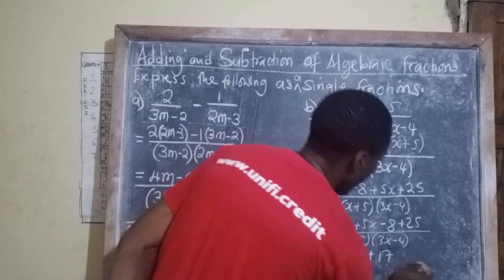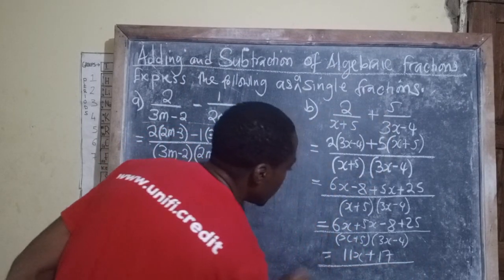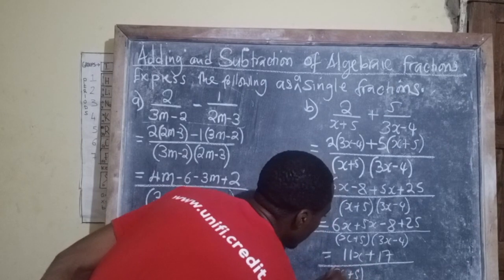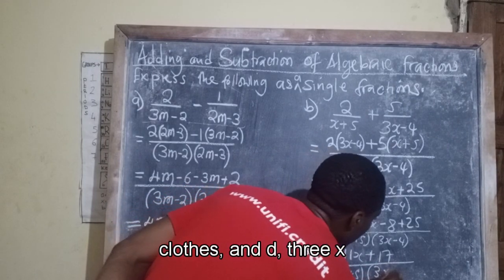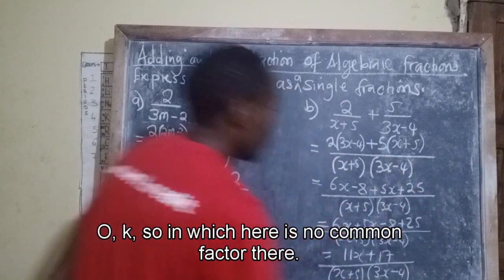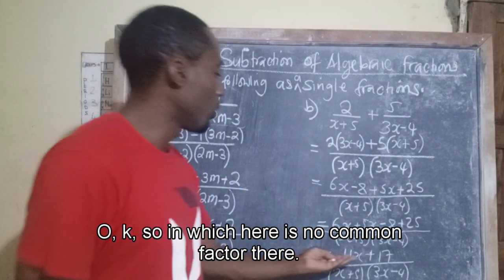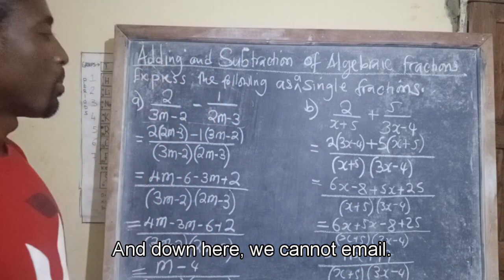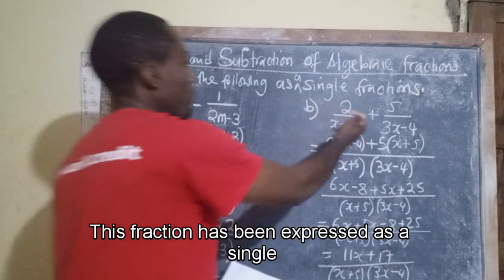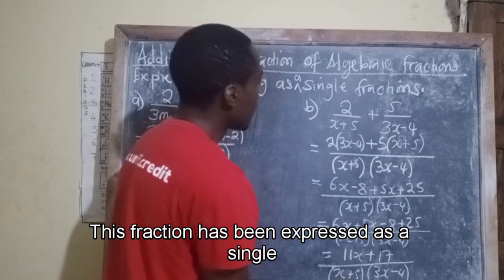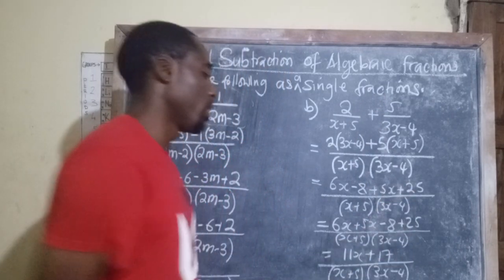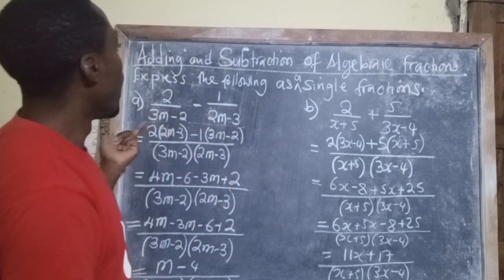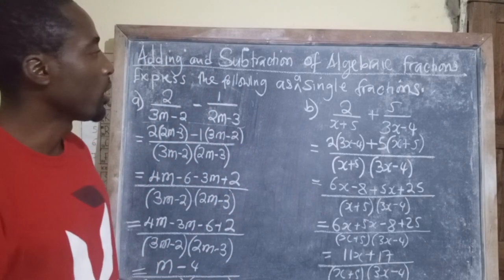Okay, over the common denominator, which is going to be x plus 5, we close, and the 3x minus 4. Okay, so when we reach here, there is no common factor there, and down here we cannot expand. So meaning this fraction has been expressed as a single fraction. Okay, so this is how we add and subtract algebraic fractions.